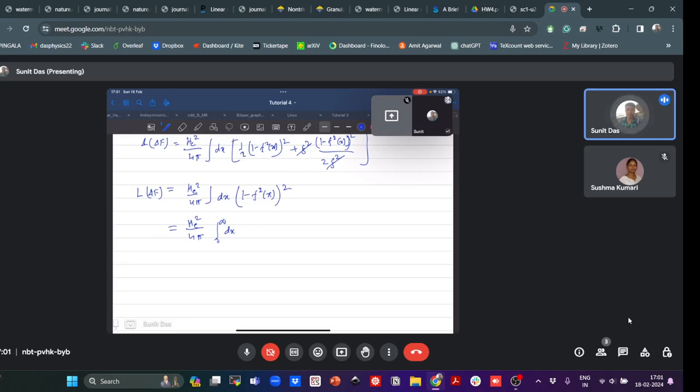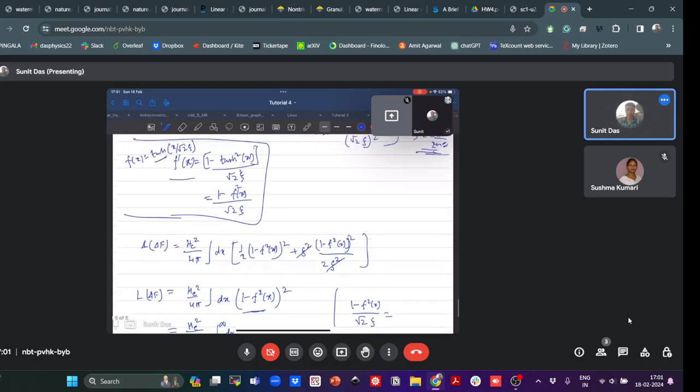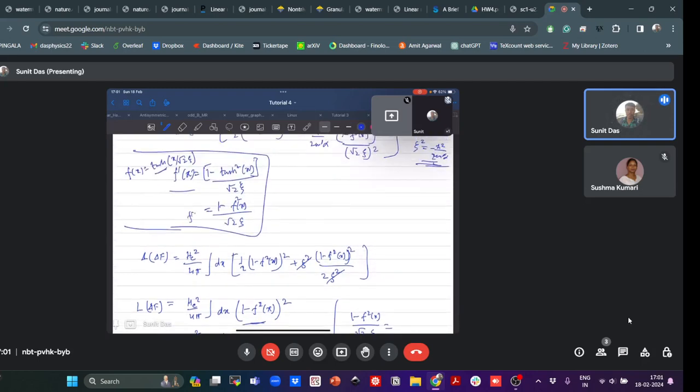Okay, let me try. Not sure we can do this, but this is 1 minus f square x. What we really had is 1 minus f square x by root 2 xi was this term f prime x, right?